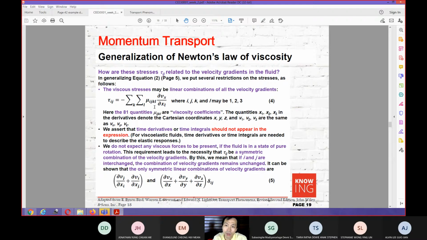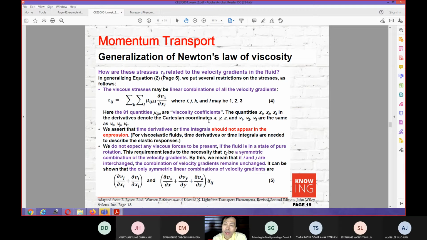So 3 times 3 times 3 times 3 is 81. This is not possible to solve because it is too complex and involves too many variables. But we can make simplifications. For example, we assert that the time derivative or time integral will not appear in the expression. This is valid if your fluid is just a simple fluid, not a viscoelastic fluid.